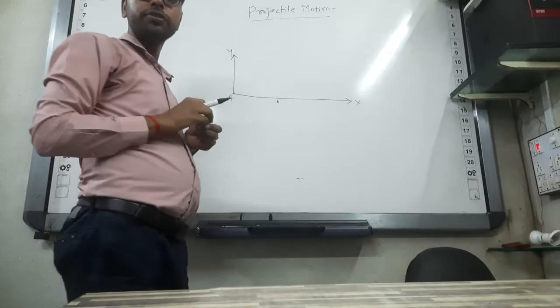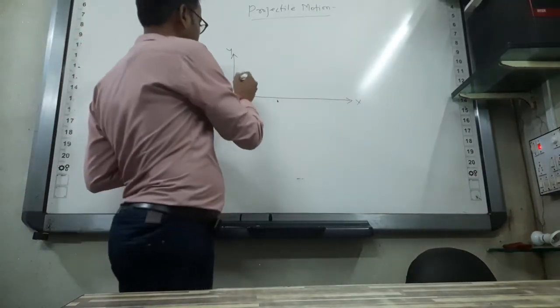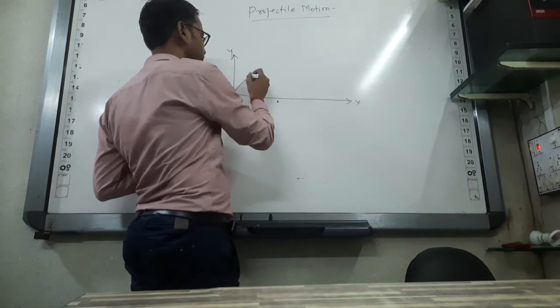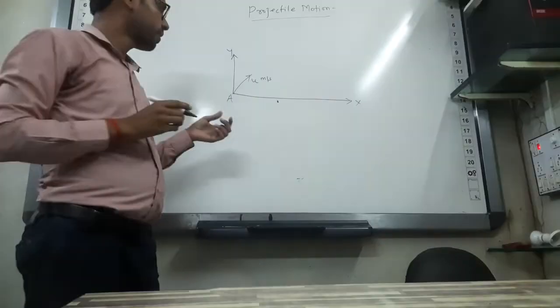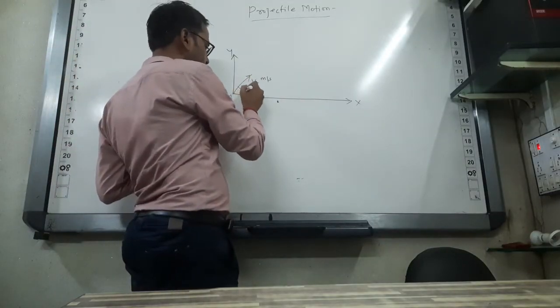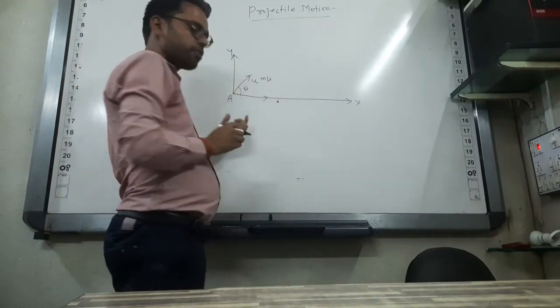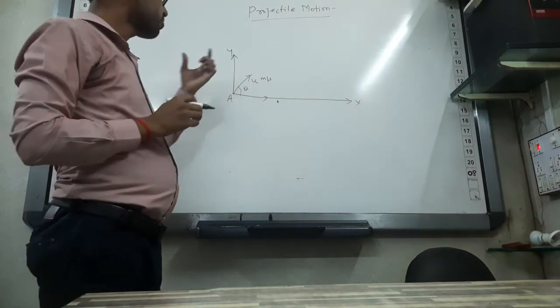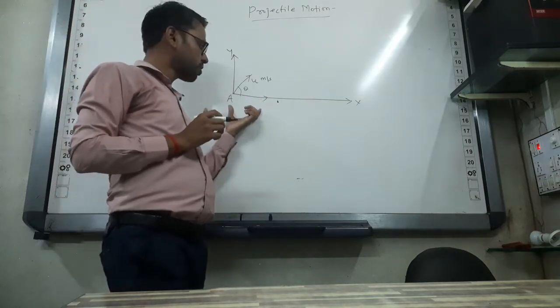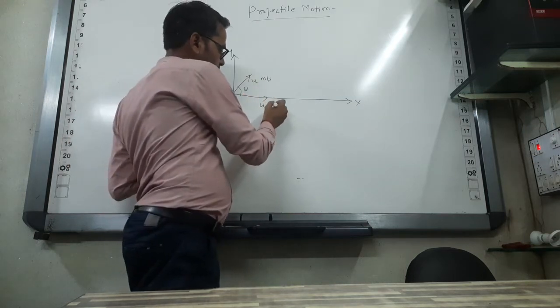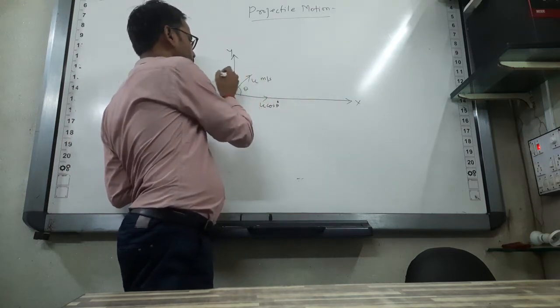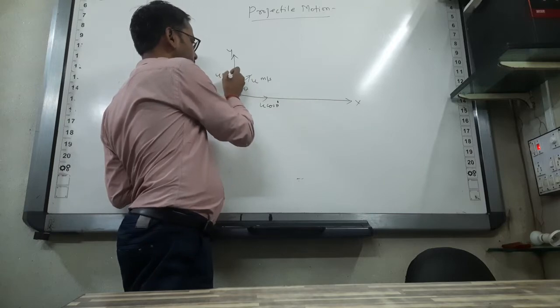The initial speed of the ball is u meters per second, and the angle is theta. Then there are two components, u cos theta and u sin theta. The horizontal component of velocity is u cos theta and the vertical component is u sin theta.